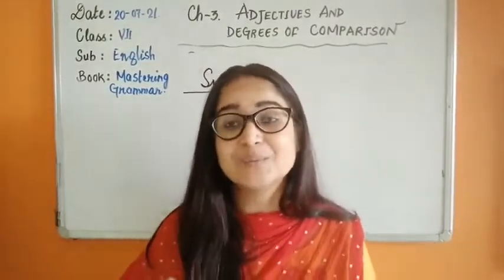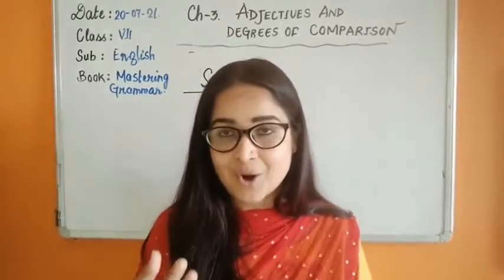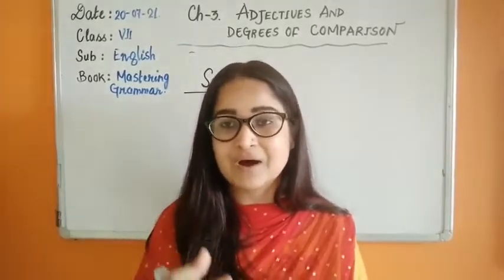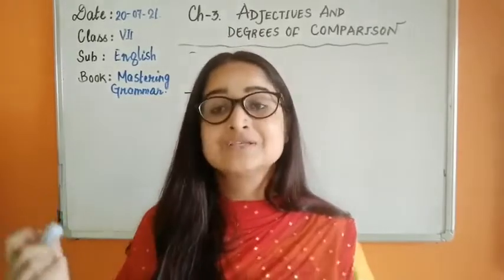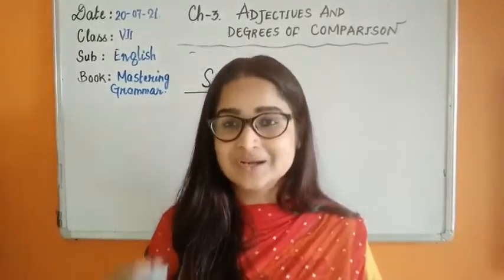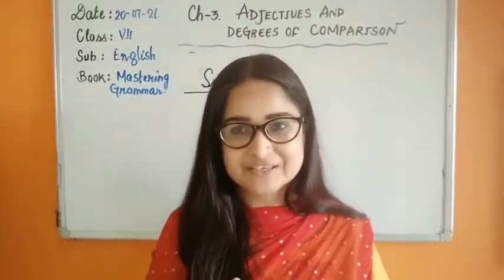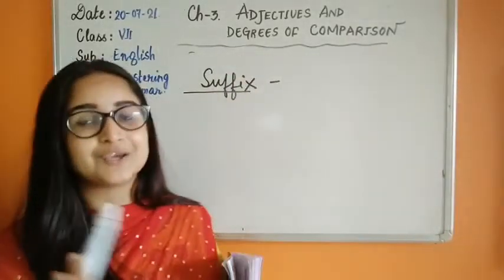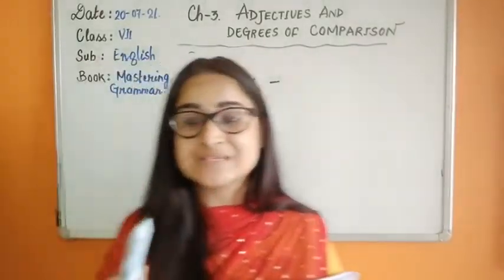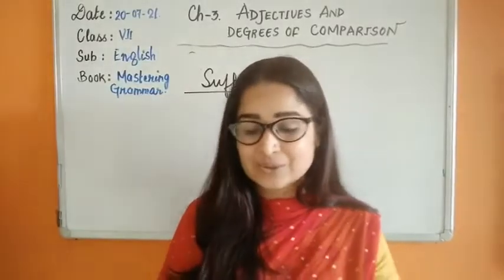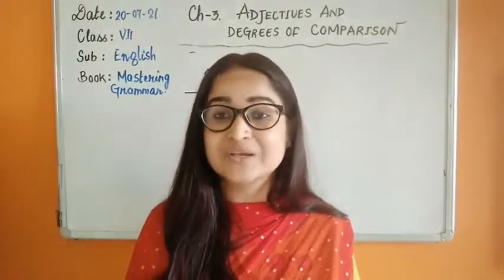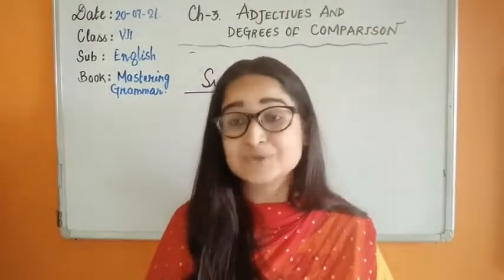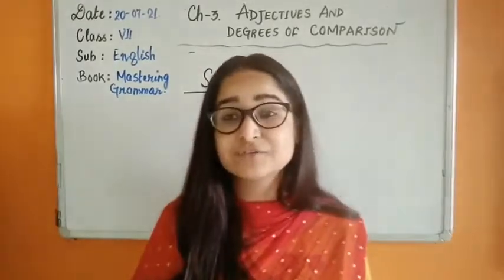Generally children, when we have to make an opposite for a word, we use a prefix, and suffixes are usually used to change nouns into adjectives. What we are going to learn today is on page number 21: formation of adjectives.